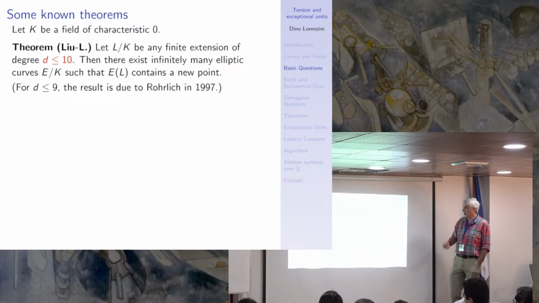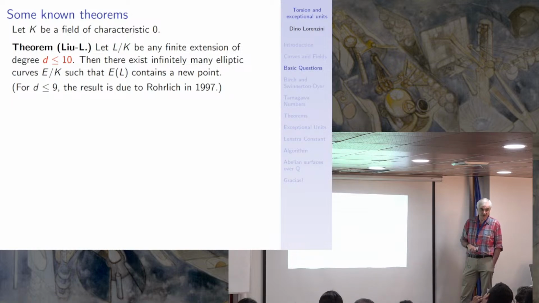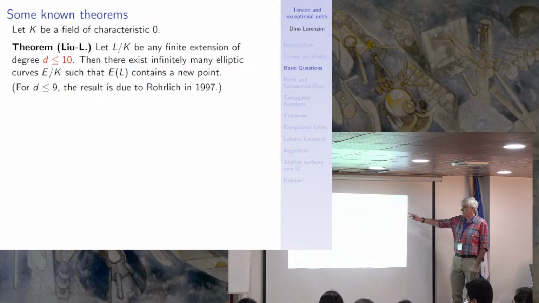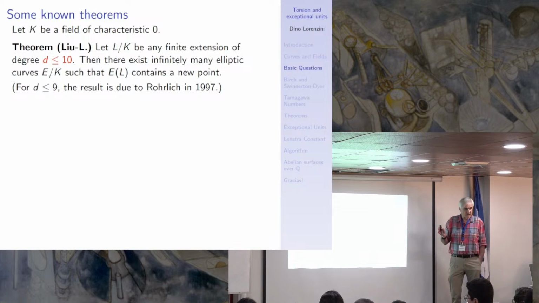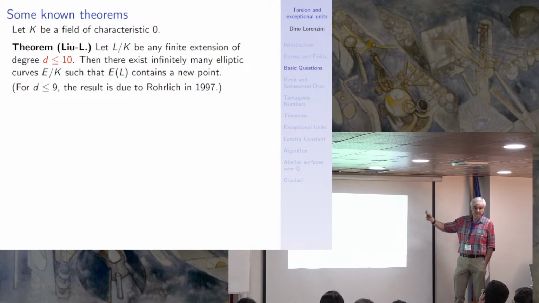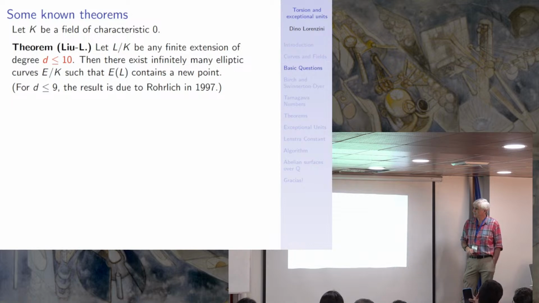And after we did that, we realized that Rohrlich had already done that up to degree 9 in 1997. We proposed a different proof of getting there, but we don't do much better. Right? So here, K is any field of characteristic 0. Putting number field does not make it any easier. I don't know how to do better by putting more conditions on the field.